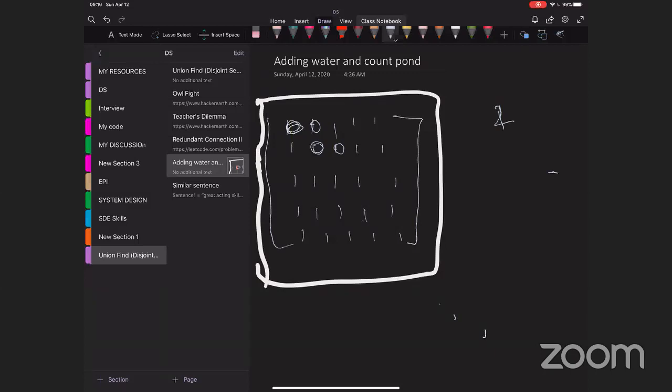1. Right. So the question is, every time you are asked to make a particular point 0, at that time we have to count the number of ponds, right? Yeah. So maybe we can do the same approach that we just discussed.